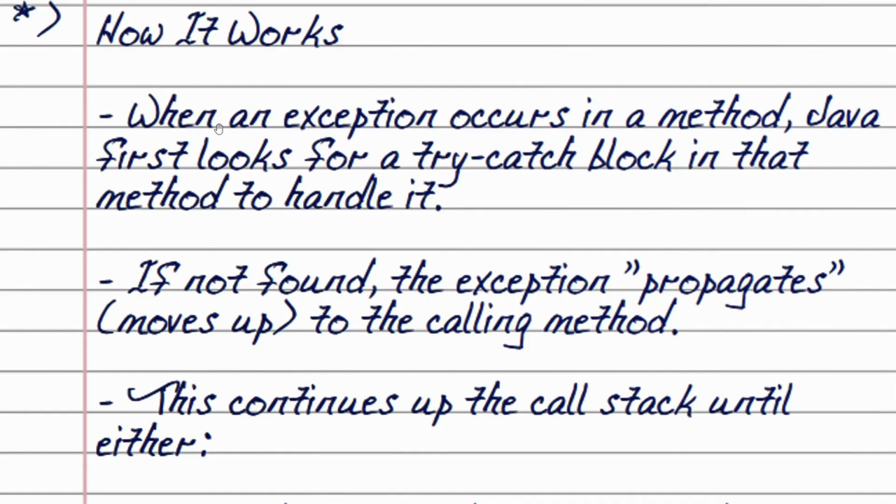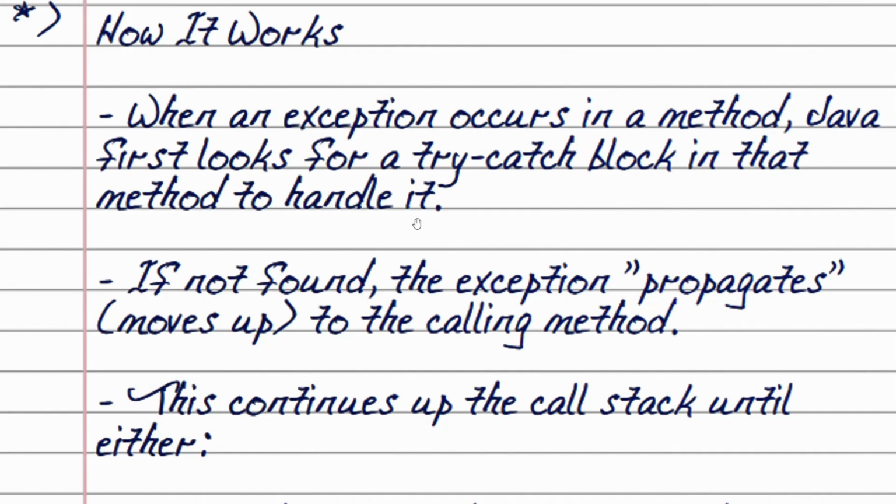So when an exception occurs in a method, Java first looks for a try and catch block in that method to handle it. When an exception occurs in the method, Java prefers to use the try and catch block to handle that exception.